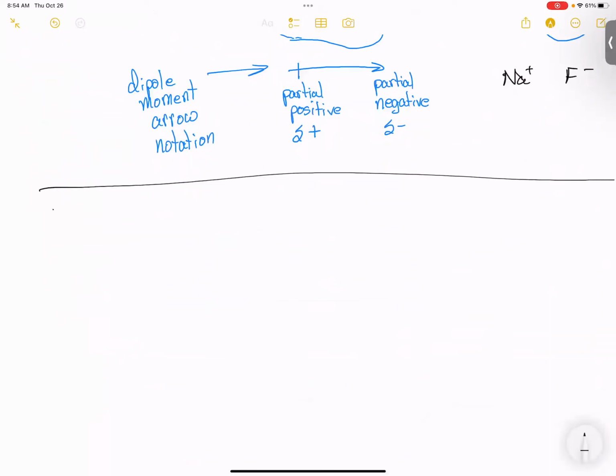Okay, the last piece today is bond type. And what I mean by this is, how is the bond formed?